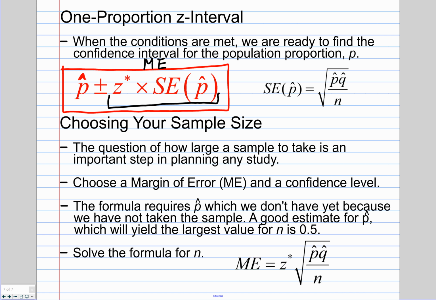You need to pick a margin of error you're comfortable with, 1 or 2 percentage points, 5 percentage points, something like that. Then you're going to use the idea of this being our margin of error to solve for a sample size, the letter N. We will do that together tomorrow. Any questions before we try one together?